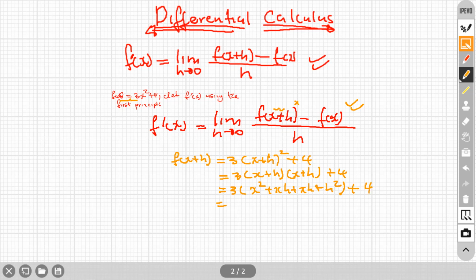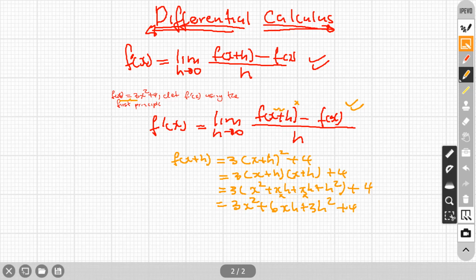Then we get 3x squared plus 3xh, and these are like terms. When we add them we get 2, and 2 times 3 is 6hx. Then we have plus 3h squared plus 4. So this is our f of x plus h.